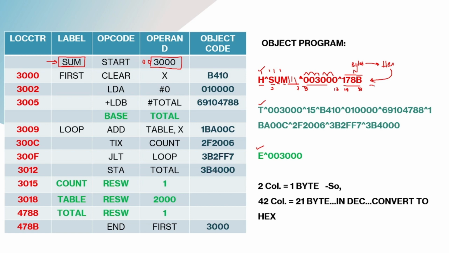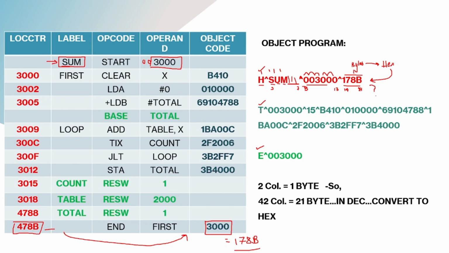That is why I said write the starting address right here. You take this value and subtract it from this value. You basically get your size or your length, that is 178B. And that thing you fill in right here.